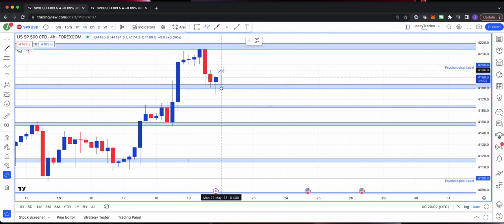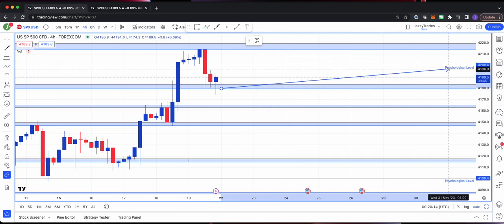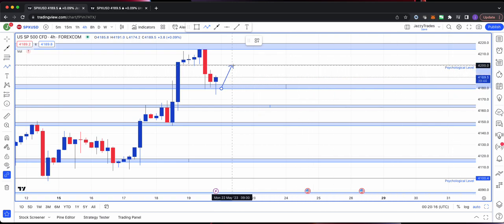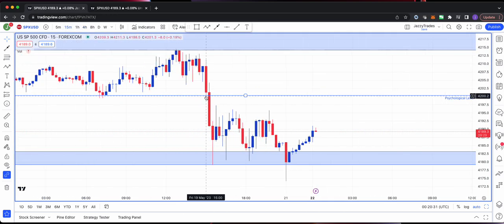So if price does this, I'm going to be wary about the psychological level. You know, people tend to sell or buy at 4200 or 4100, all these psychological levels, right? But if the price does this, or let's say, what would be better? Let's go 15 minutes.